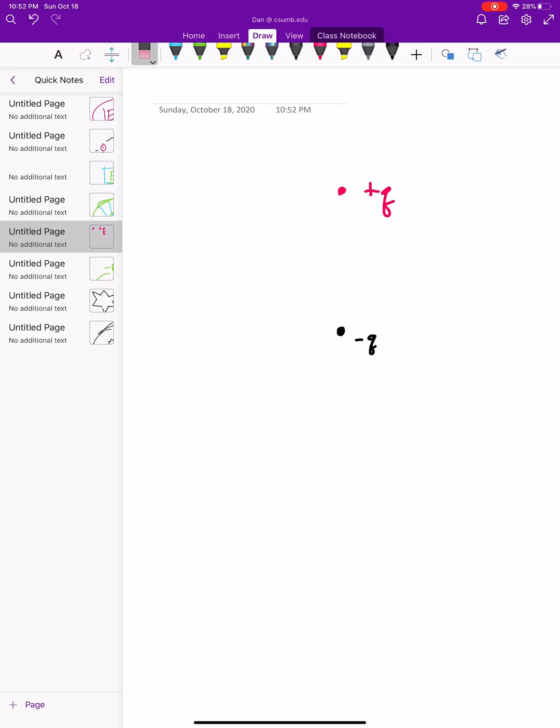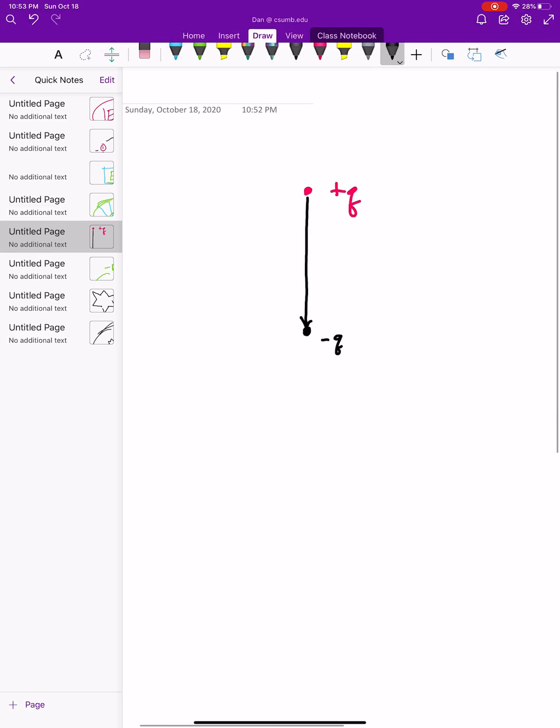Well, by definition, the electric field lines always leave a positive charge and go to a negative charge. So one of the field lines would go like this for the dipole. First, I have to define how many field lines would be represented by a given charge. So let me put a number here.